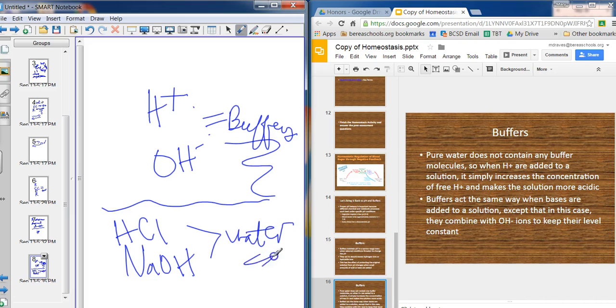So it doesn't have any natural buffers. So when these hydrogen ions were released into the water, or when the hydroxide ions were released into the water, then you definitely saw a change in the solution of it being more acidic or more basic.